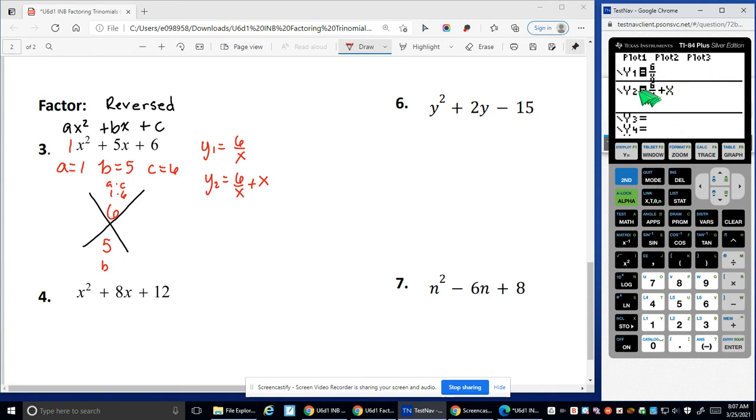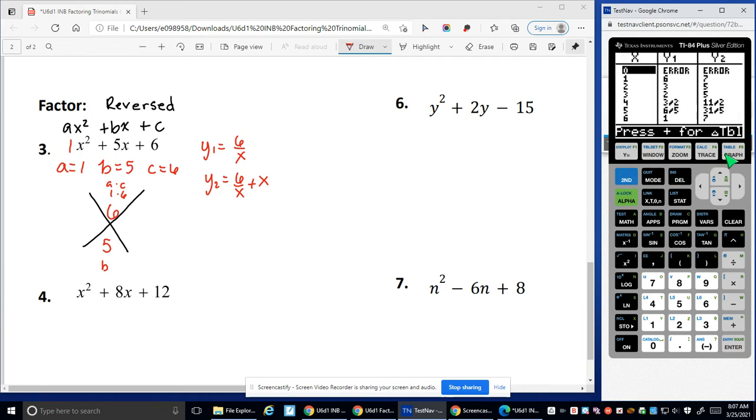And so, does it look the way I want it to look? Absolutely. All right. At this point, what we're going to do is we're going to go to the table. Second table. Okay? And we're looking for our factors. We're looking for 5.